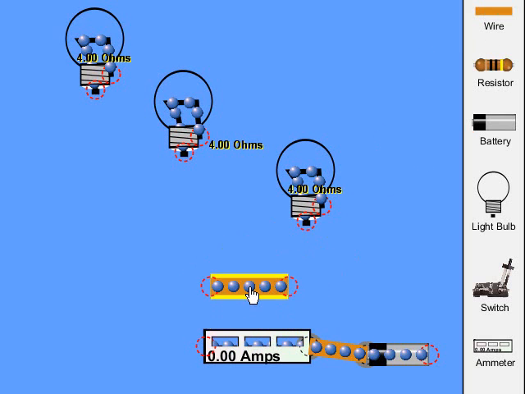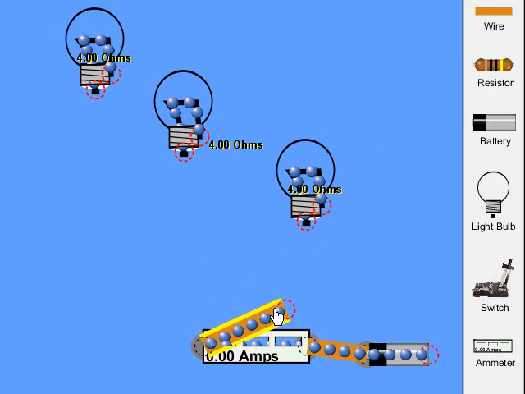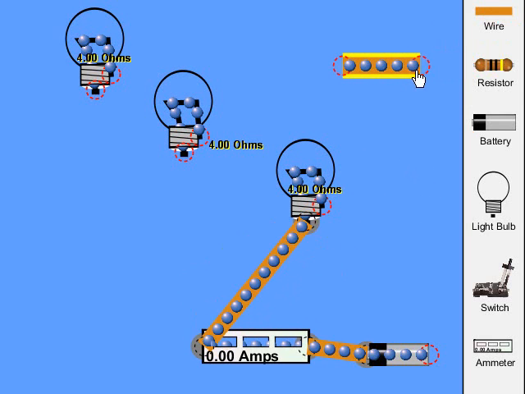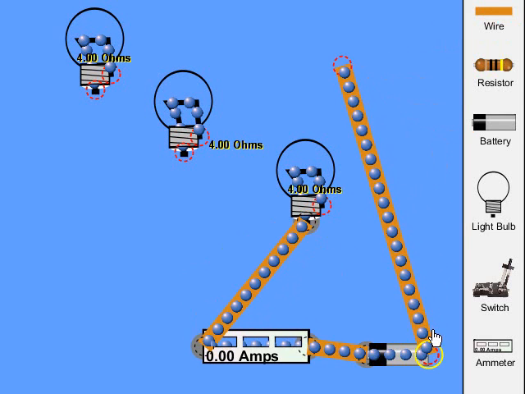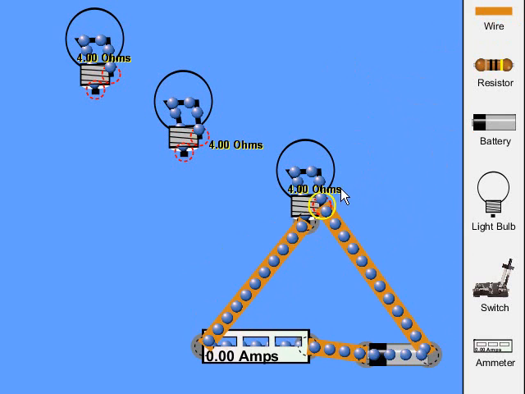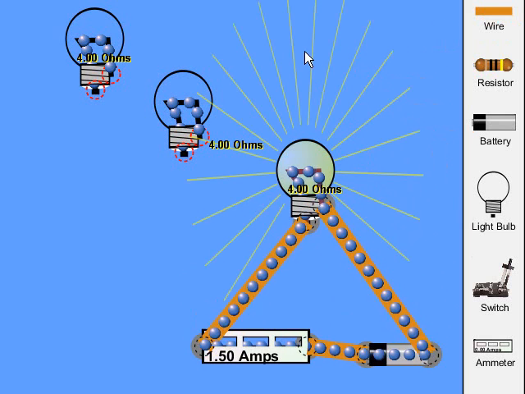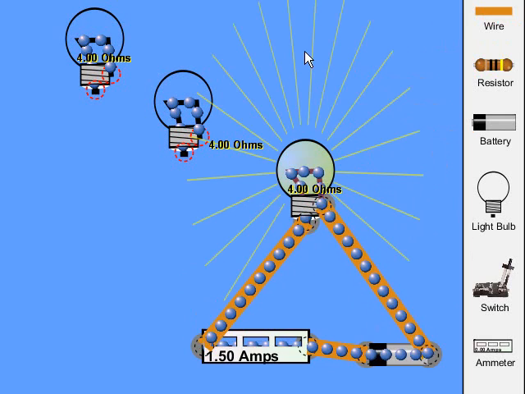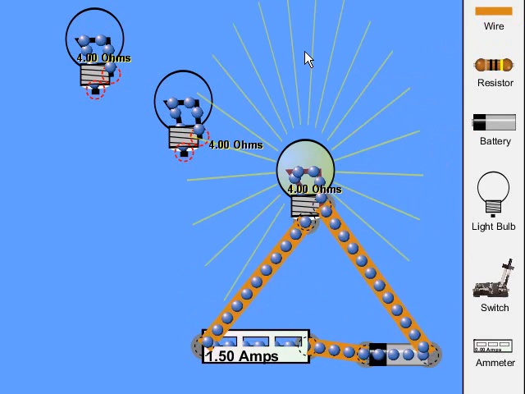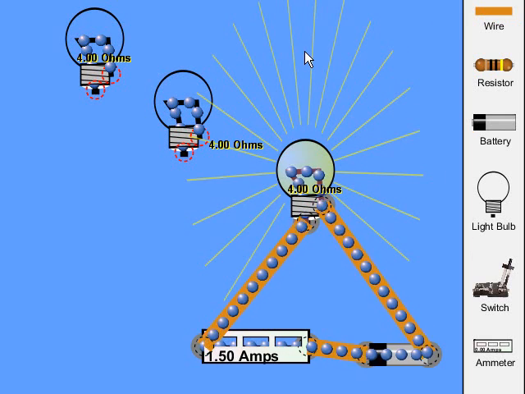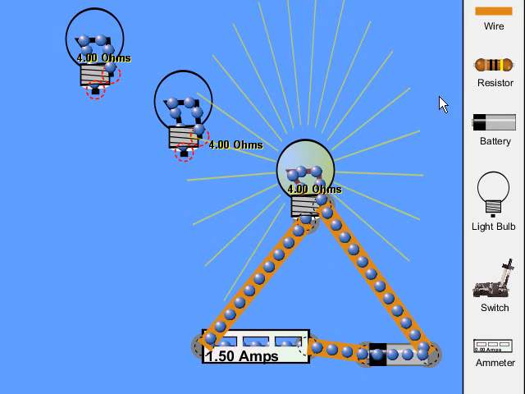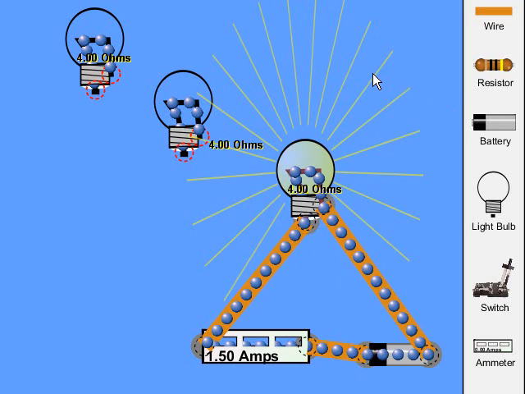Now the first one is going to go there, and the next one is going to go here. And I actually already have a closed circuit with the other two being not connected. Actually, that one is my simple circuit.